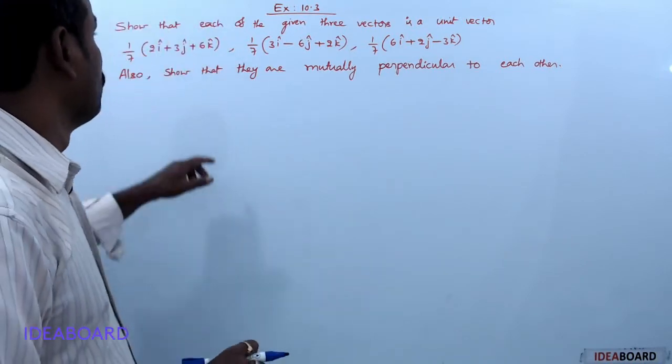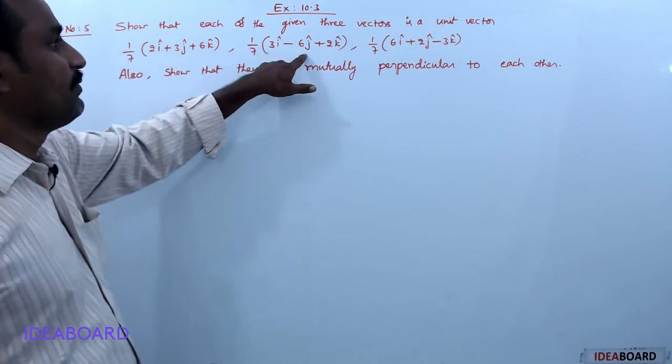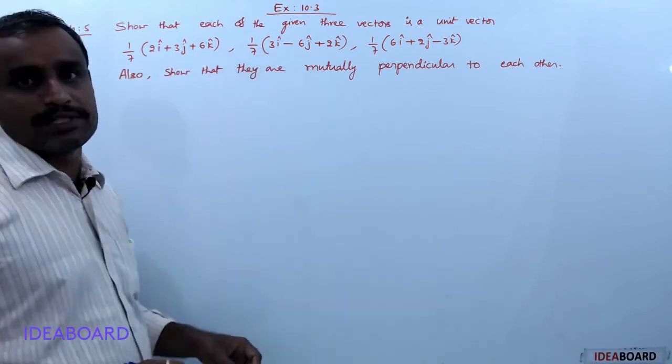First, assume the given vectors as a bar, b bar and c bar.